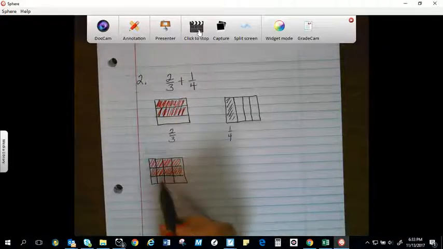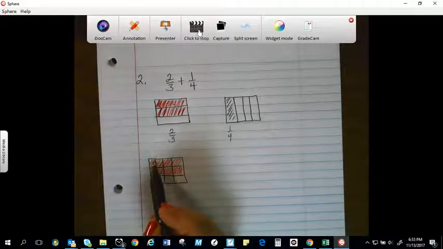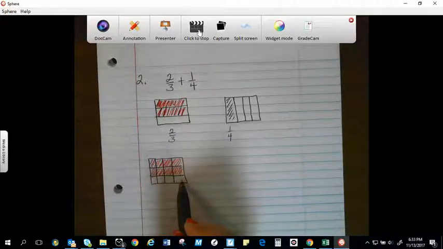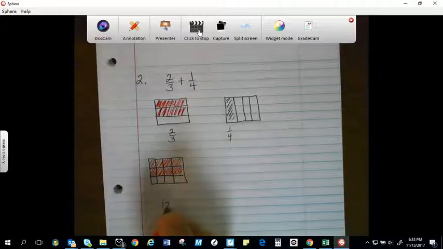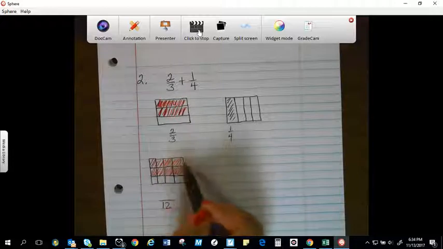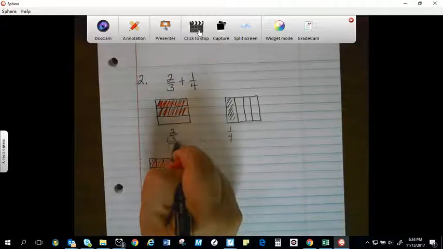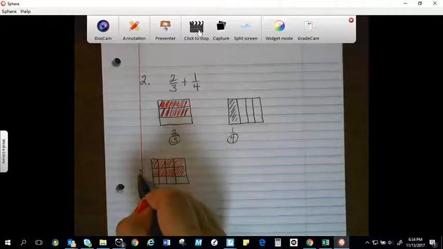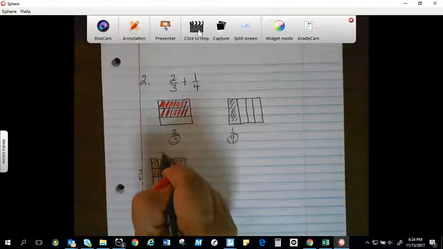And so this gives me how many parts? 1, 2, 3, 4, 5, 6, 7, 8, 9, 10, 11, 12. 12 total equal parts. If you notice the array, I have 3 down, 4 across. So 3 coming down, and I have 4 across.